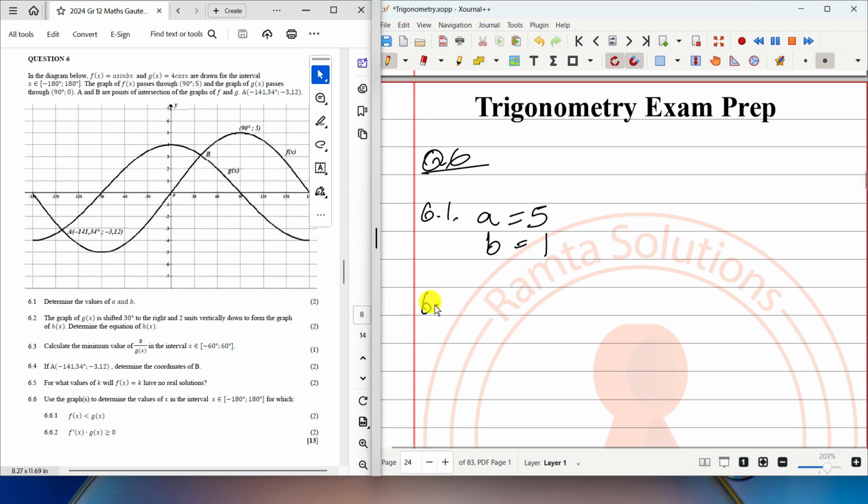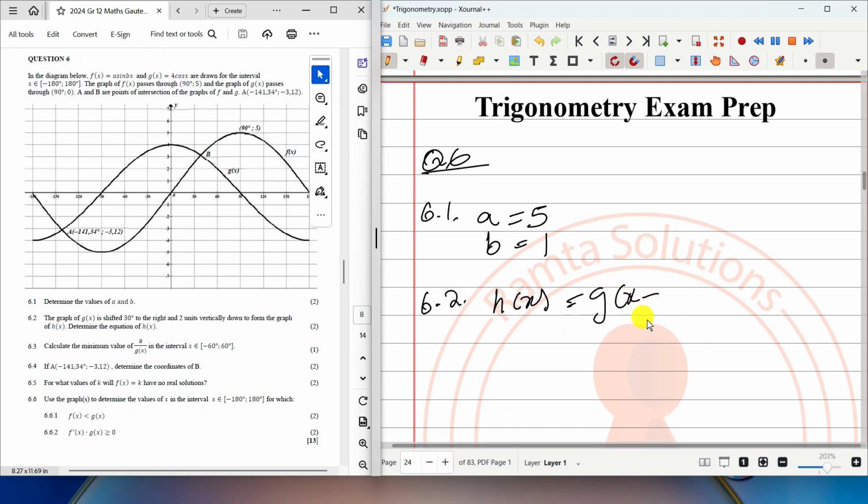Okay, 6.2, the graph of f of x is shifted 30 degrees to the right and 2 units vertically down to form the graph h of x. So h of x is g of x shifted 30 degrees to the right, so this will be minus 30 degrees.